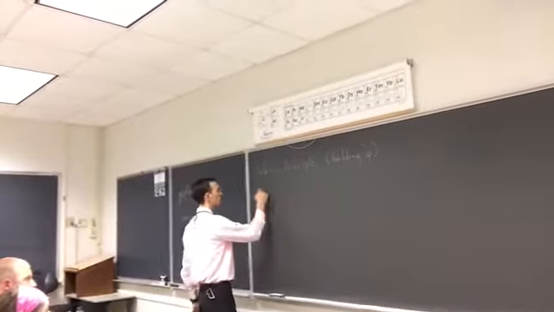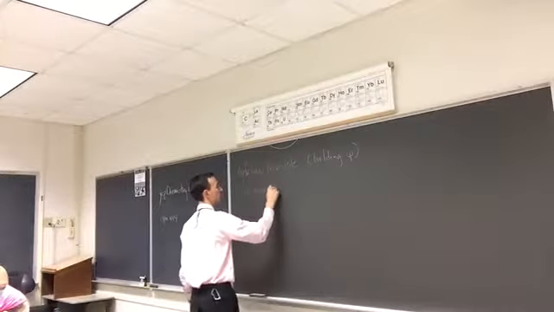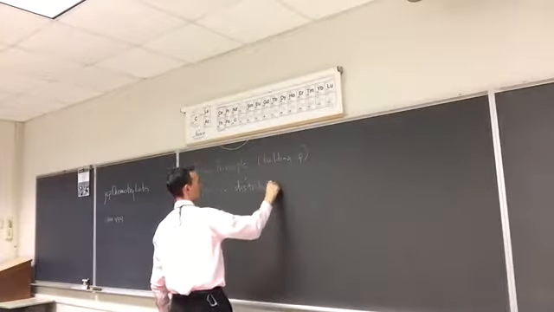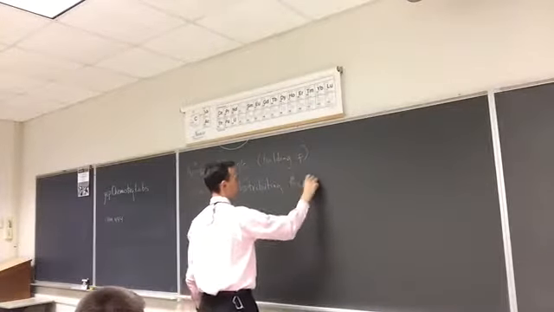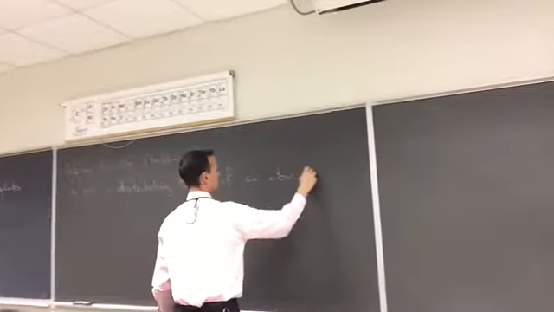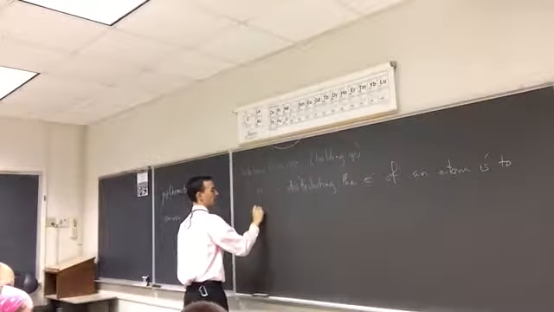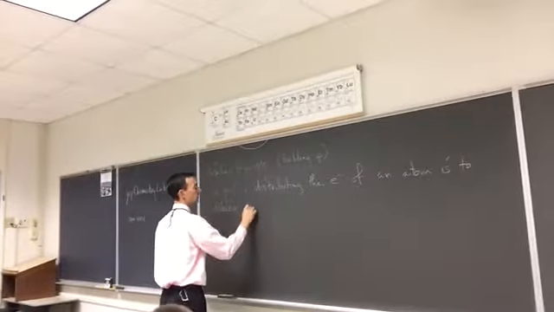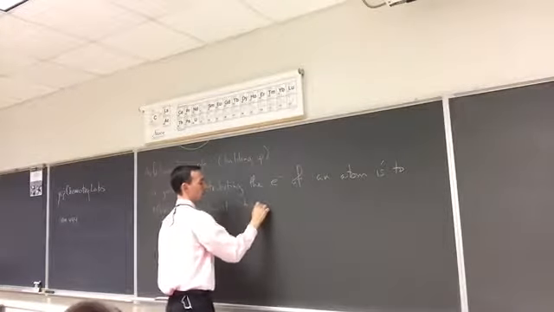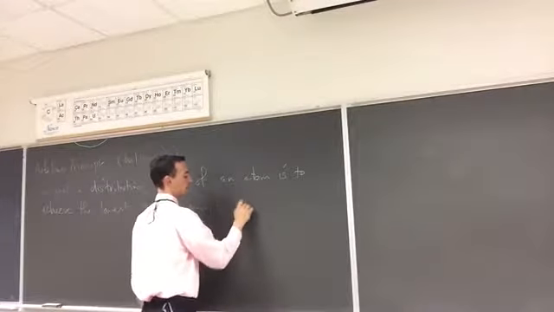So ultimately the goal in distributing the electrons of an atom is to achieve the lowest total energy for the atom.